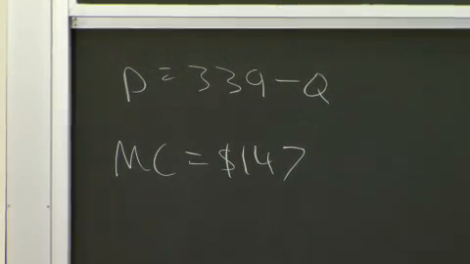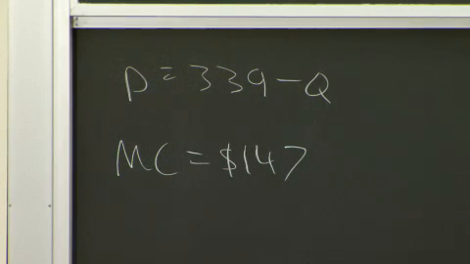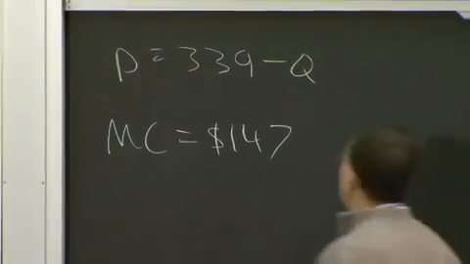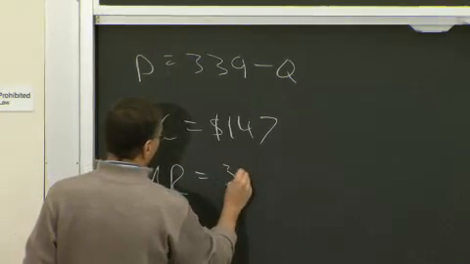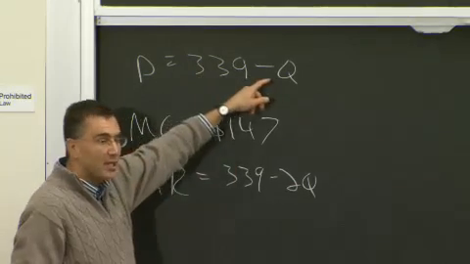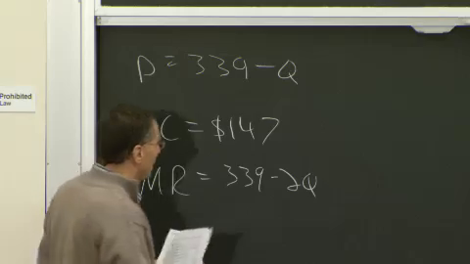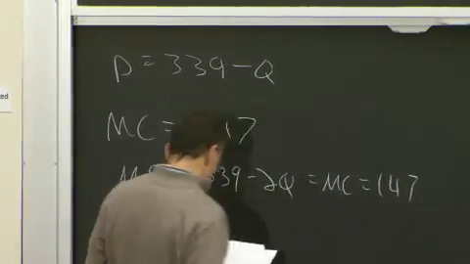Okay? Now, what would American Airlines do if it was a monopolist? It would set marginal revenue, which is 339 minus 2Q, by the same math we did before. You multiply through by Q and then differentiate, and you get 339 minus 2Q, equal to the marginal cost, which is 147.